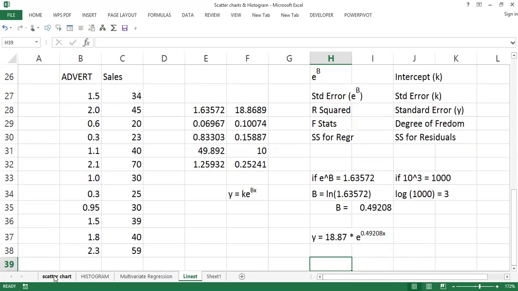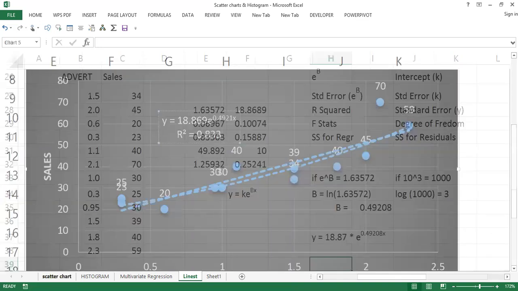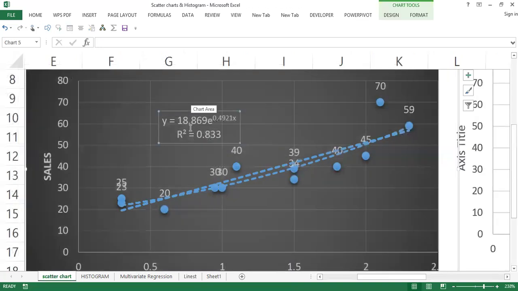Let's go and check what our scatter plot gave us the other time to see if it corresponds. This is what the scatter plot gave us. Remember, it's the same data. 18.86 something e to the power of 0.4921.